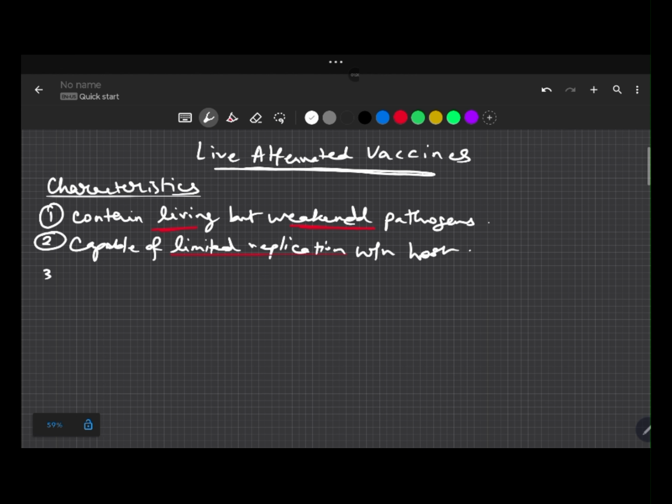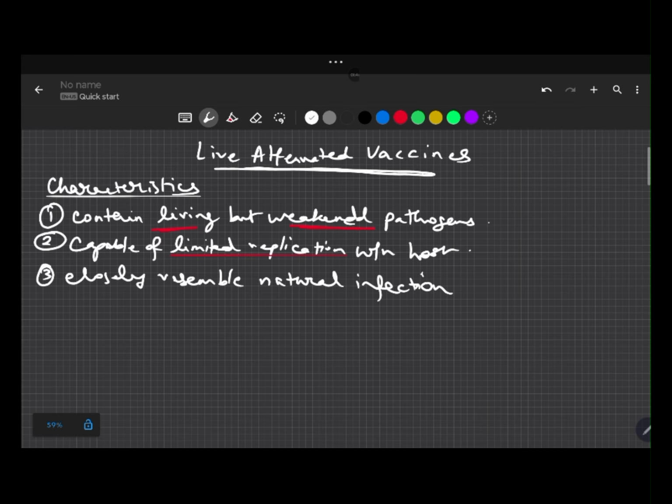Number three, they closely resemble natural infection. Okay, evidently that is the point of making vaccines, so they should reflect the natural infection. Otherwise, there is no point in introducing these pathogens within the body.